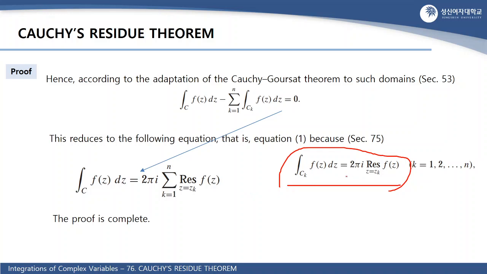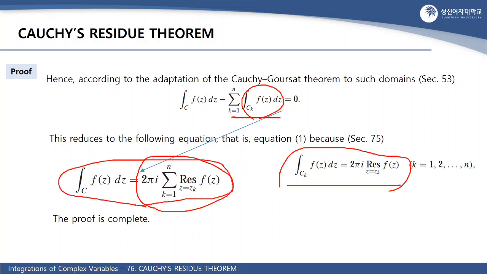Then we replaced this part by this, because this part is equal to 2 pi i times the residue of f at zk. Okay, so we get the desired result. So the proof is done.